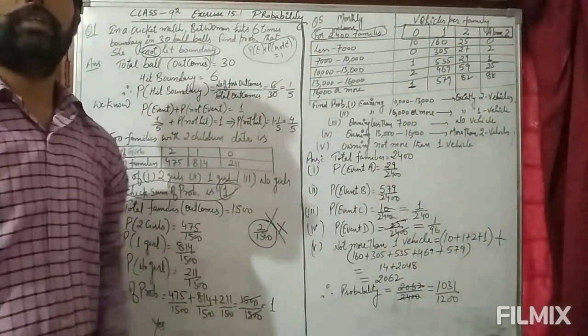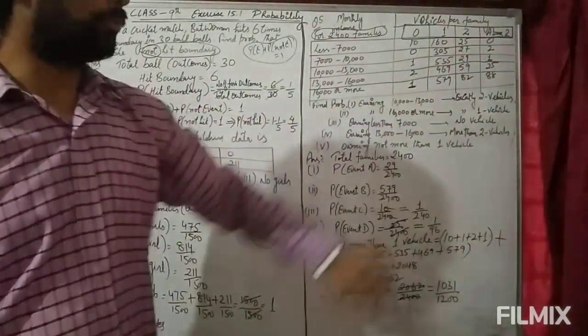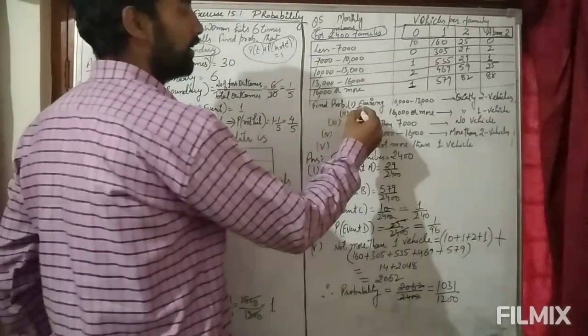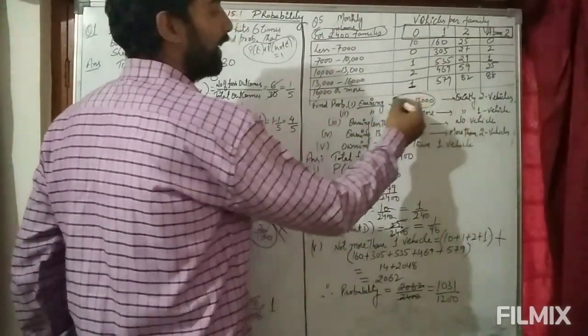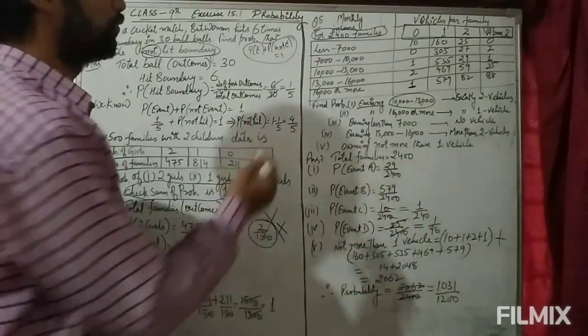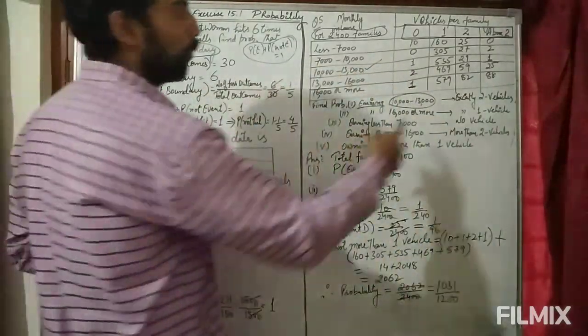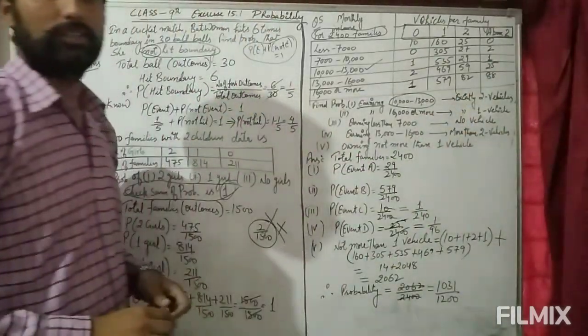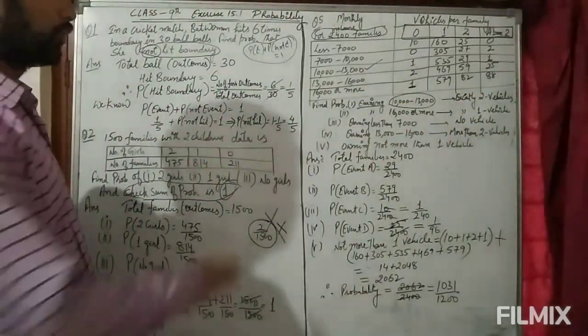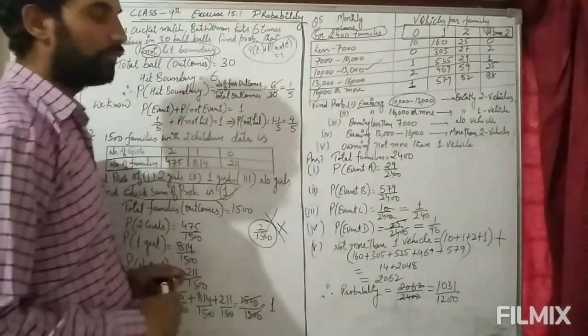Only on the basis of this we have to solve these probabilities. Here they mention earning between 10,000 and 13,000. Find it in the table. And they are asking for exactly 2 vehicles. We have a total of 2400 families.